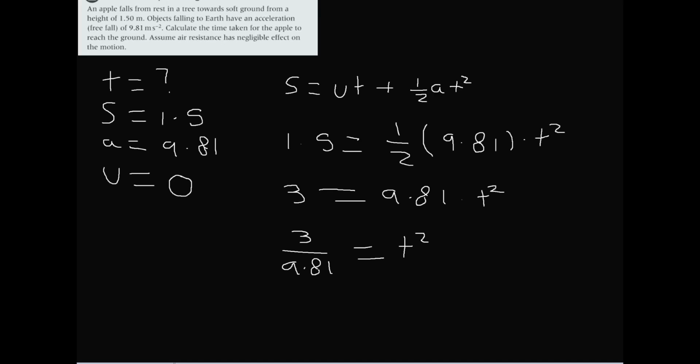And then it's just a case of square rooting the entire expression to solve for t. Finally, after using our calculator, we can figure out that t is approximately equal to 0.55.